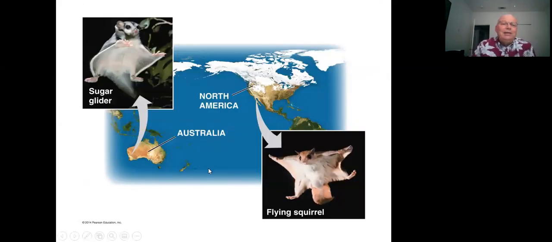The sugar glider is what is known as a marsupial. It has a pouch, the marsupium, the female does, and the marsupials, as you hopefully know, are the dominant vertebrate life forms in Australia, my home country.